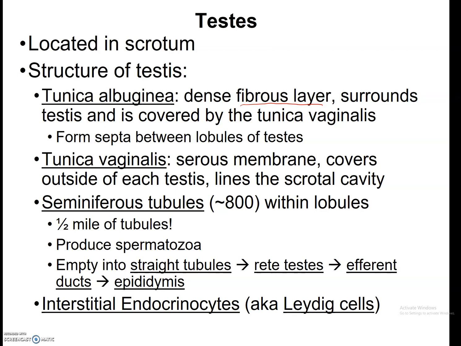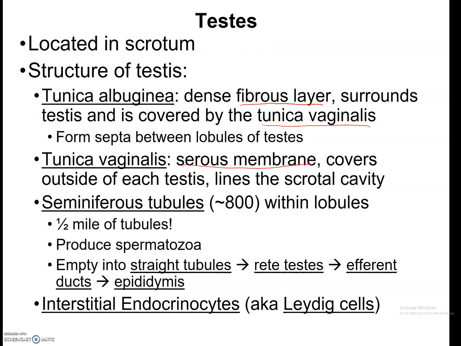The tunica albuginea is covered by another layer called the tunica vaginalis. The tunica vaginalis itself is a serous membrane, outlining each of the testes and lining the scrotal cavity. I have a picture of this in a few minutes.